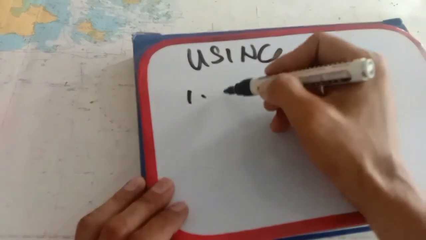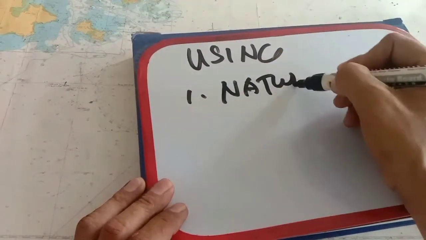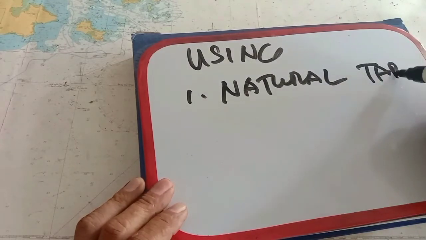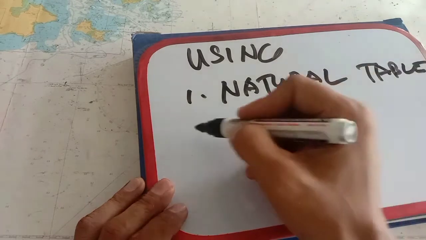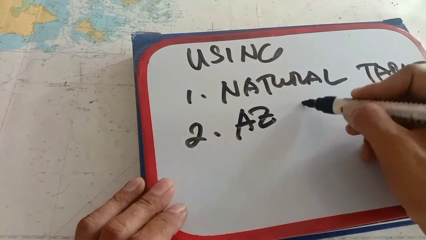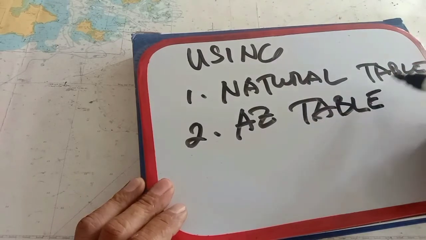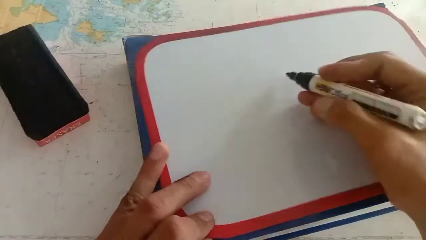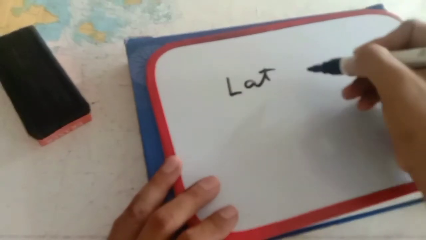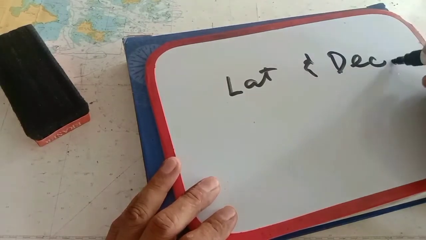To find the amplitude of the sun, use the natural table and the azimuth table, with latitude and declination.